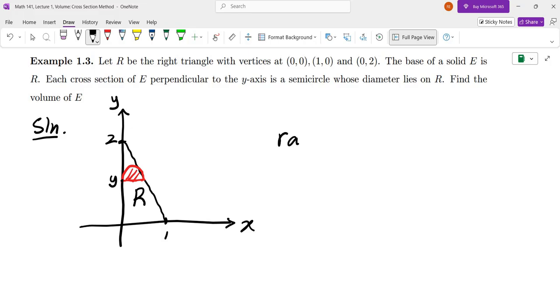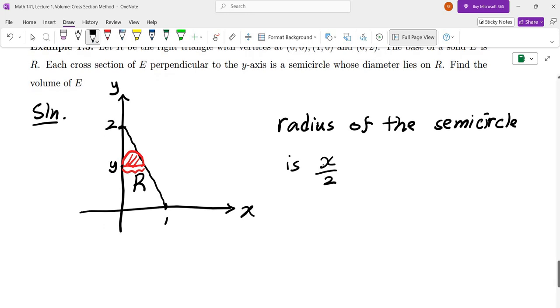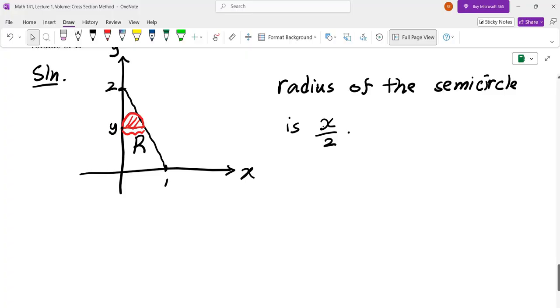So what is the radius? The radius of the semicircle is half of this length, which is x. So this is x, so the radius is x over 2. The first thing I need to do is write down the equation of this line. So the line is y equals, what is the slope?